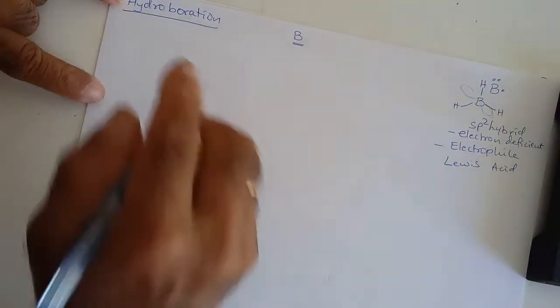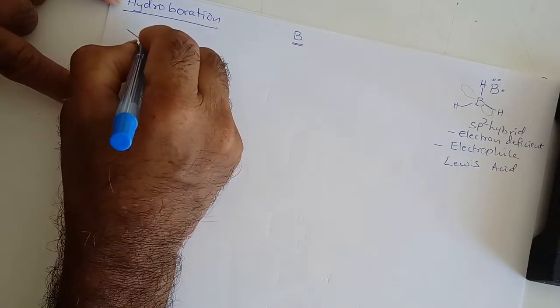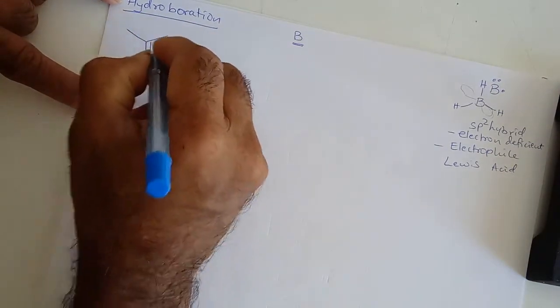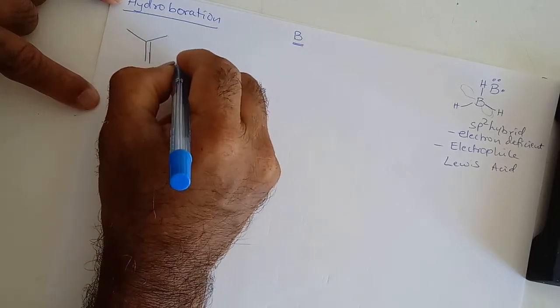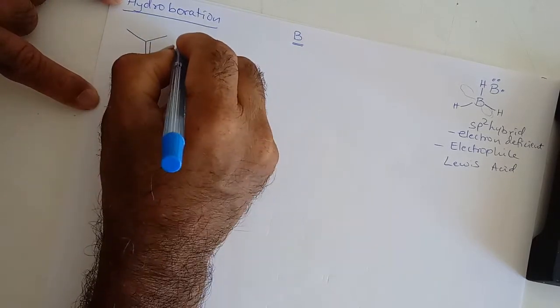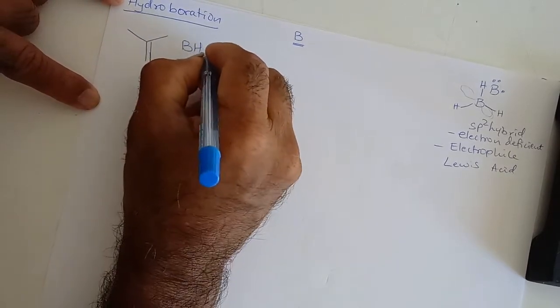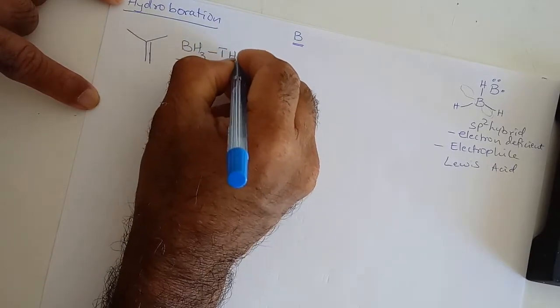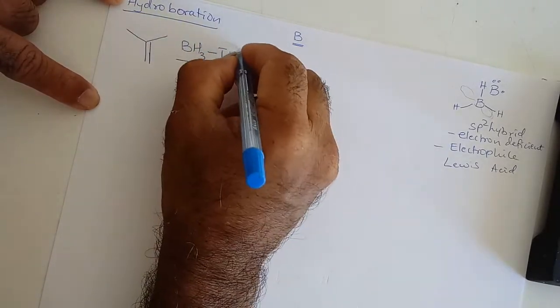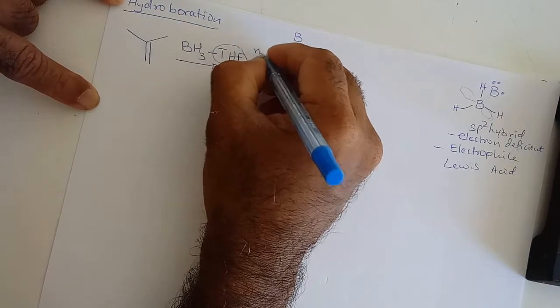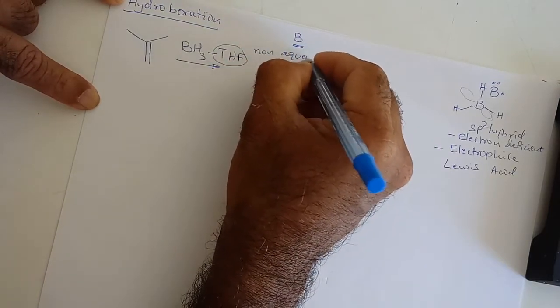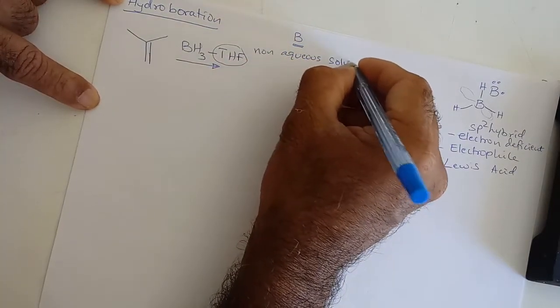So what is the overall reaction? The overall reaction is this. When you treat a molecule of alkene with borane, I'm going to write THF, and for now just remember this as a non-aqueous solvent.